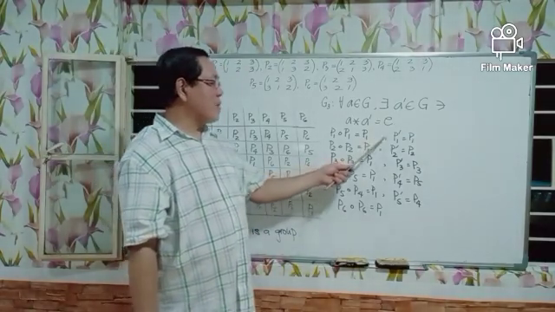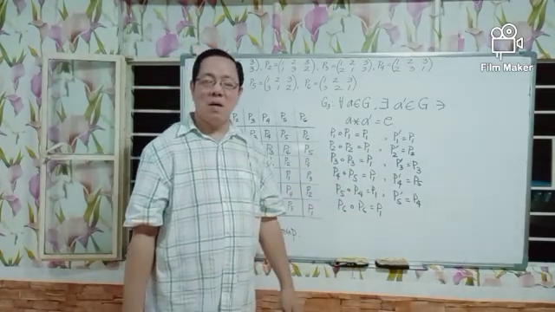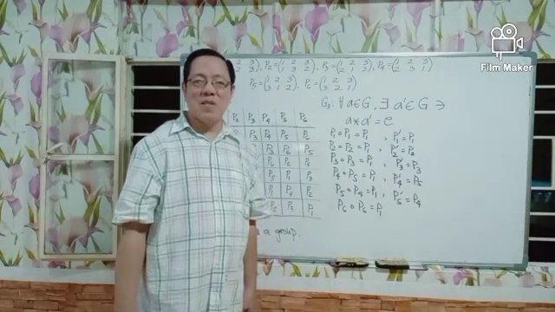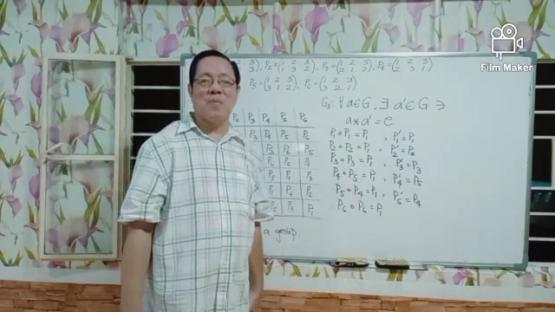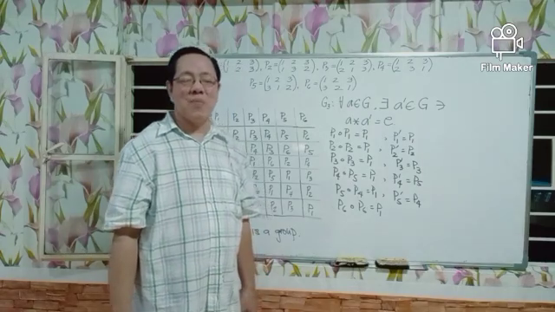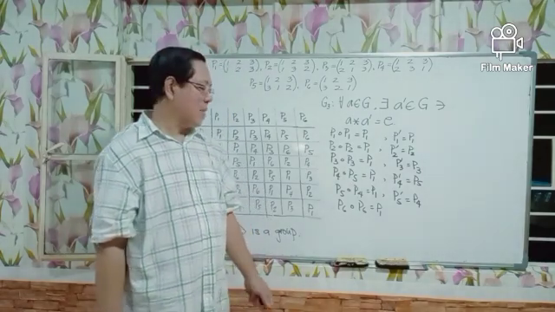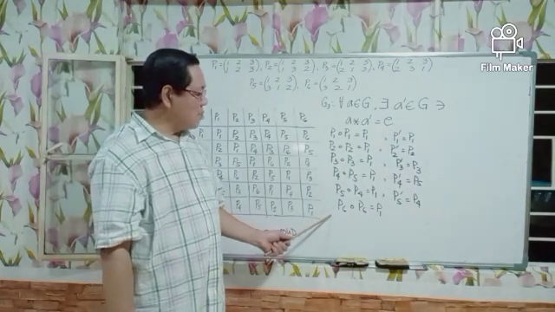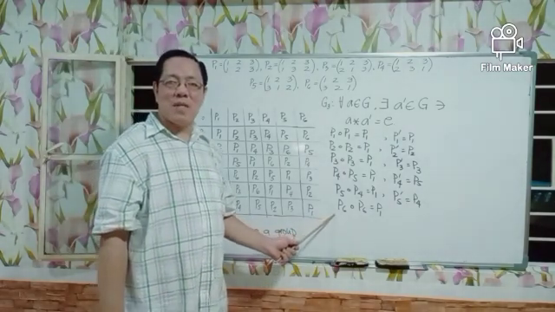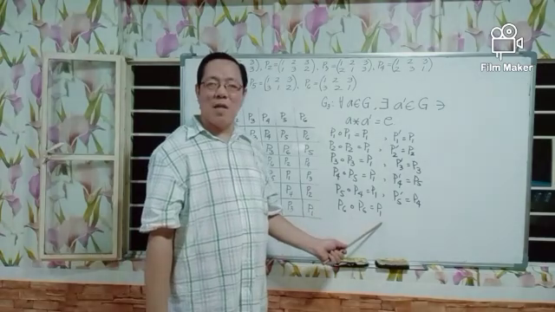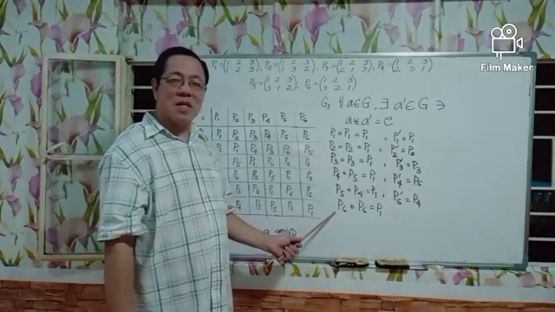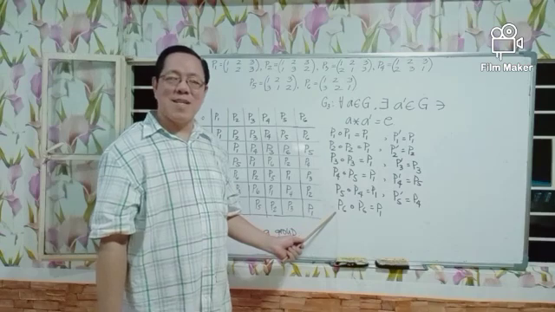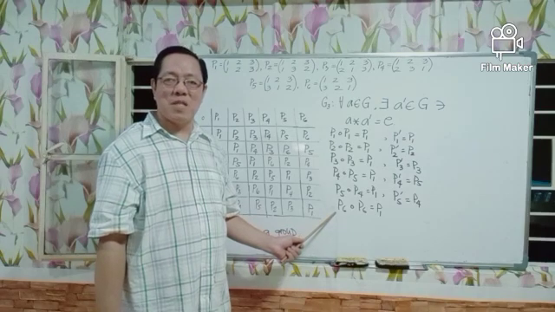But the inverses of P1, P2, and P3 are themselves. The inverse of P1 is itself, the inverse of P2 is itself, and the inverse of P3 is itself. And in the same way, because the composition of P sub 6 with itself is the identity element, the inverse of P sub 6 is itself. And the inverse of P sub 6 is denoted by P prime sub 6.